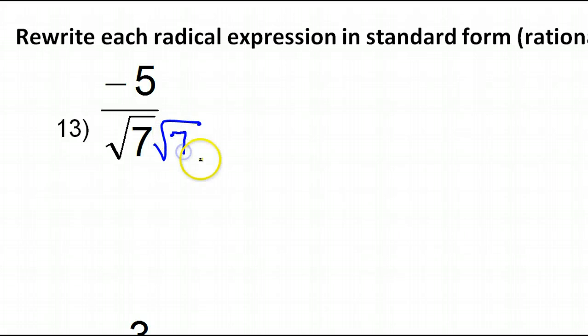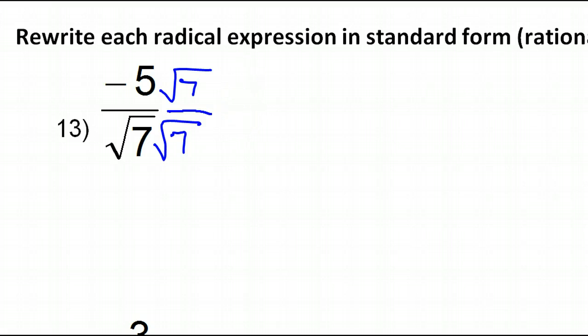So you can imagine what I'm going to get if I do radical 7 times radical 7. But first, it's important to understand that if we multiply the denominator by radical 7, we have to multiply the numerator by radical 7 as well. That way, we are really just multiplying by 1, since anything divided by itself is 1. Well, other than 0.